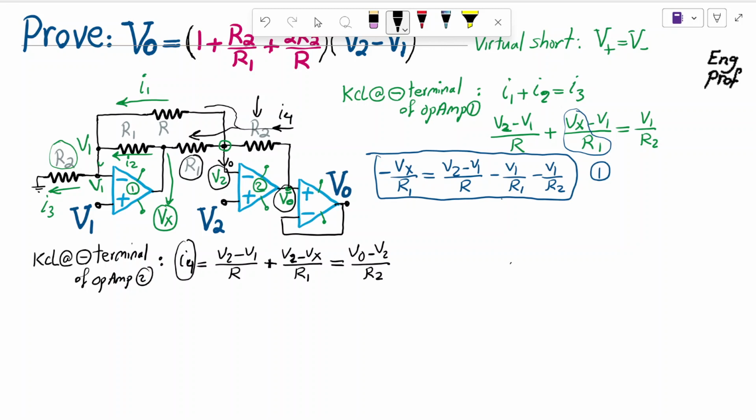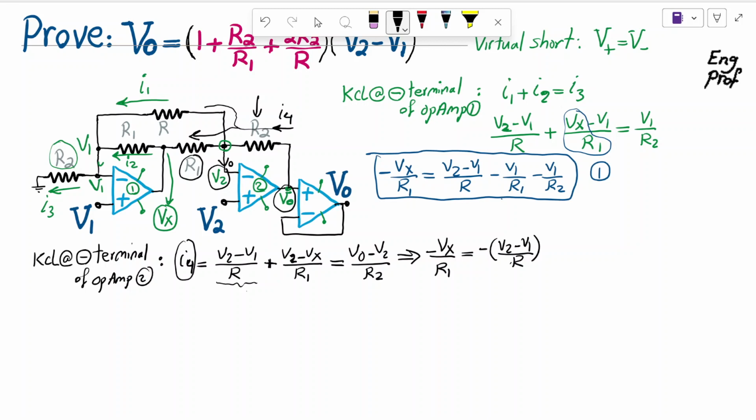So what is happening is if I reshuffle things around, I can leave negative Vx over R1 on one side, and I can move everything to the other side. By that, I mean I can say it is equal to negative V2 minus V1 over R. So I am moving this component to the other side of the equation.